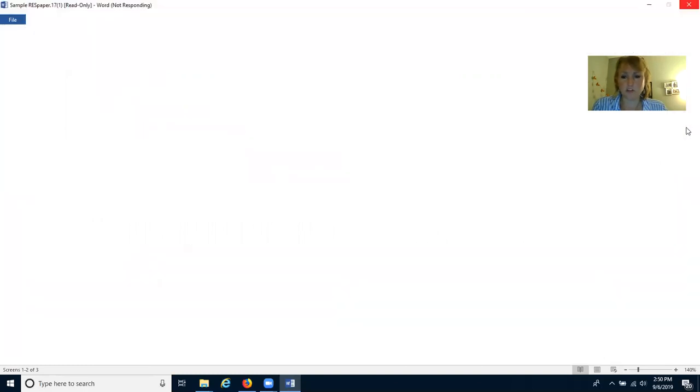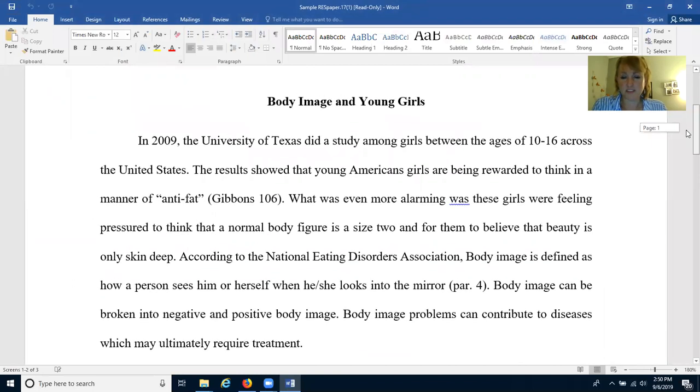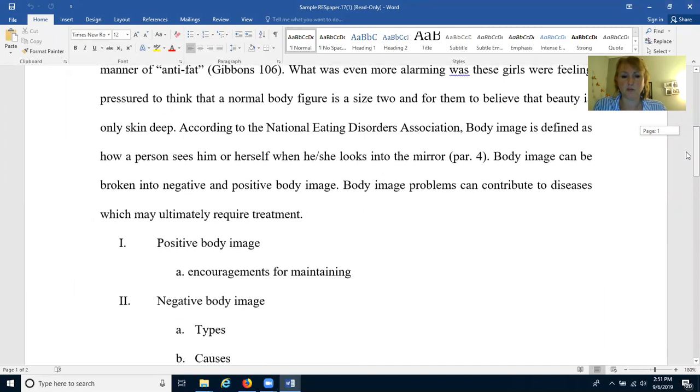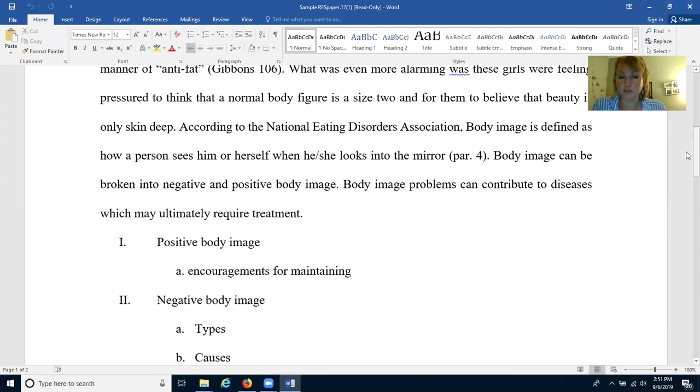So it started with a shocking statistic. So in 2009, the University of Texas did a study among girls between the ages of 10 to 16 across the United States. The results showed that girls were being rewarded to think in a manner of anti-fat. So it kind of goes into body image distortion. It uses reputable organizations like the National Eating Disorders Association to pull a definition.